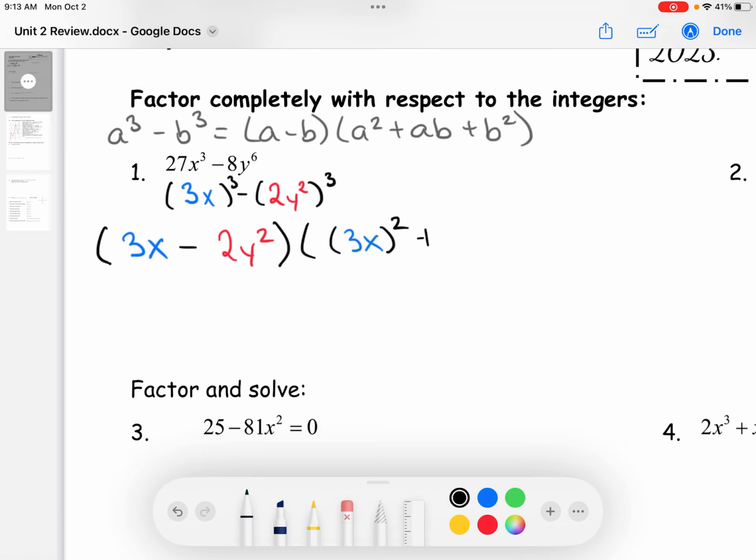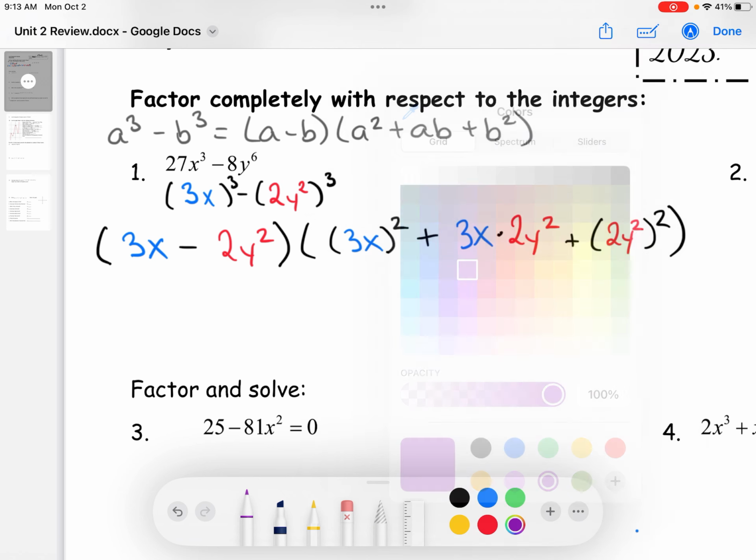That's 3x. Then we'll add the a, 3x, times the b, 2y squared. And then we will add the square of b. b is 2y squared. And there's our factor.